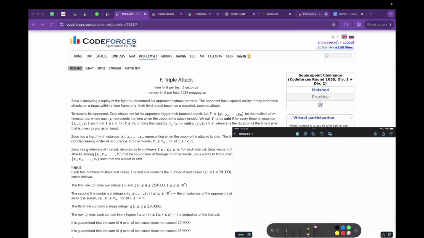Okay, so moving on to implementing this greedy algorithm efficiently. So how to solve for multiple queries is the current problem.